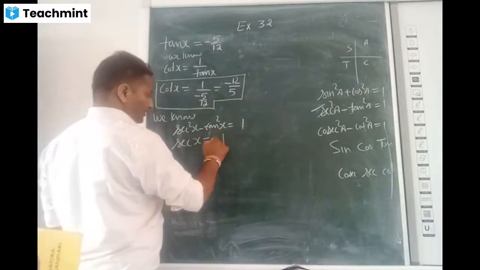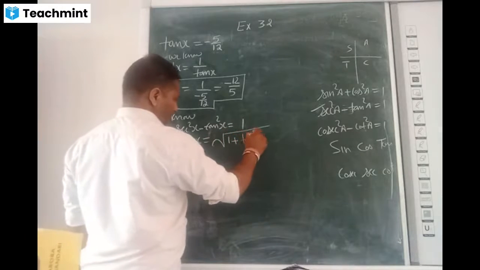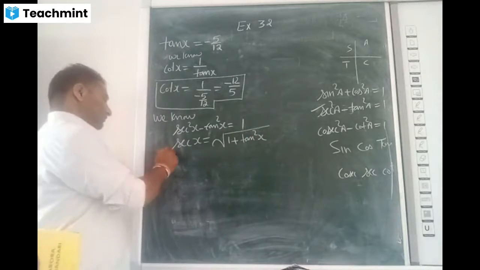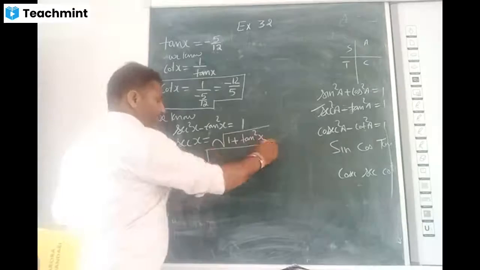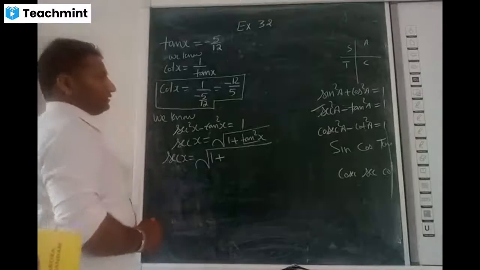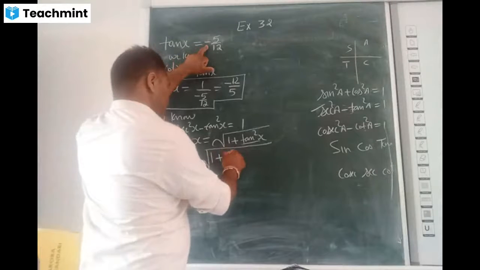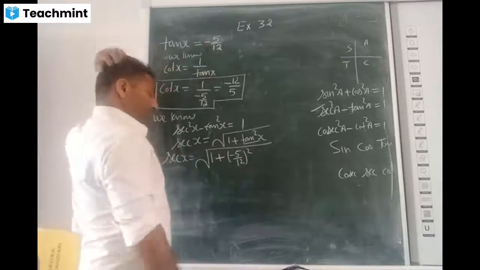And secant x is under root 1 plus tangent square x. That means secant x is under root 1 plus tangent. The value of tangent in the question is already minus 5 upon 12.